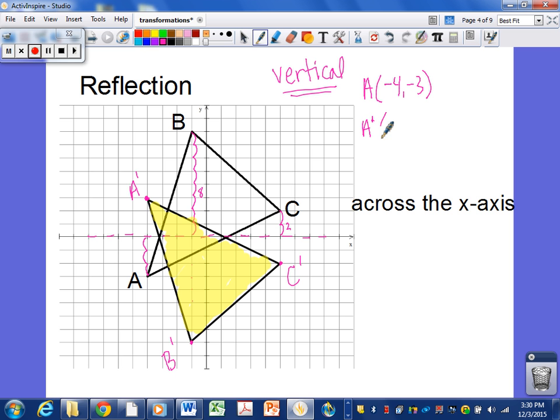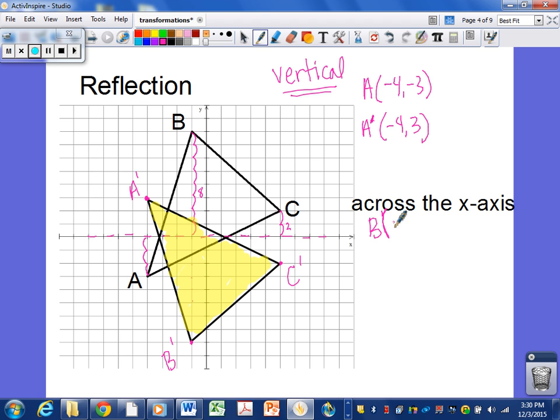A prime ended up at -4, +3. Okay, and this is always true if you're going to have an axis type reflection. The y's will just change. But we don't always have an x or a y-axis reflection, so don't just get this in your head that it always is just the opposite. Okay, actually very rarely does that actually happen.